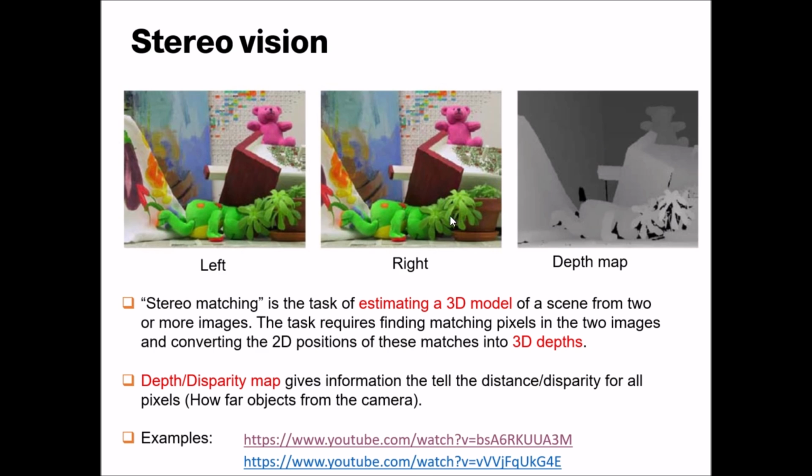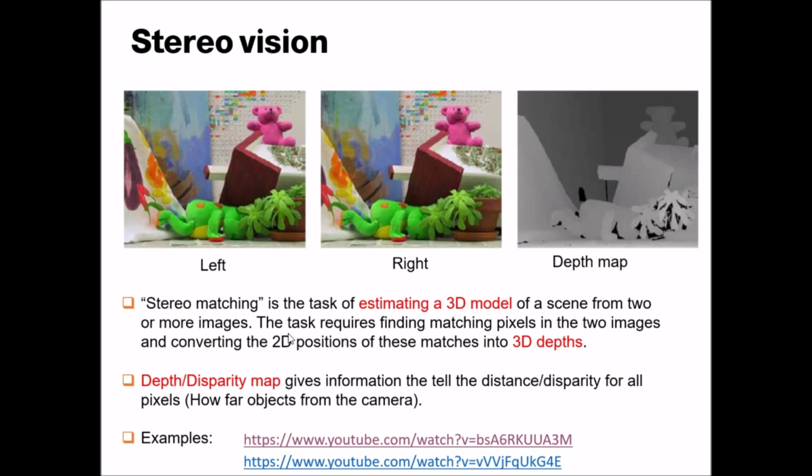The nearest object has the brighter color. For example, this one now is brighter than the background, and when you go far, you get a darker color. So this is what we call the depth map.